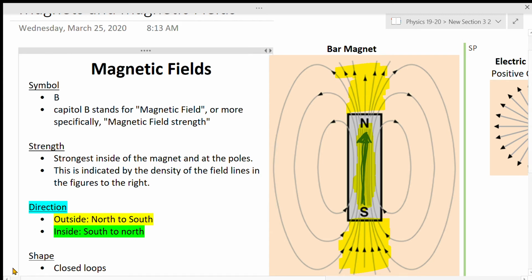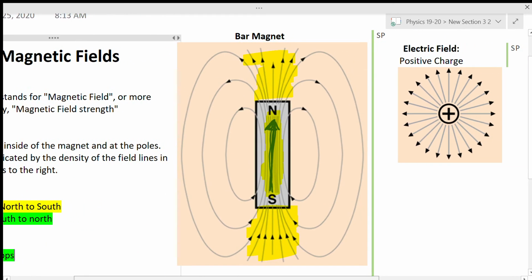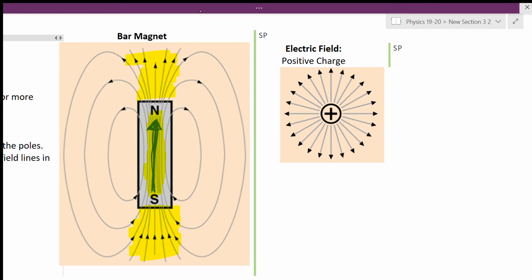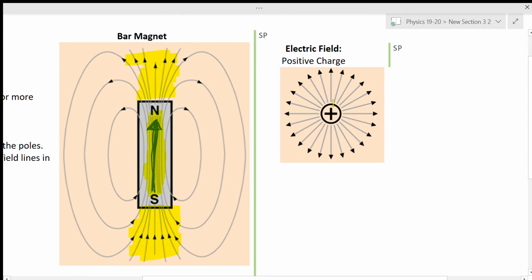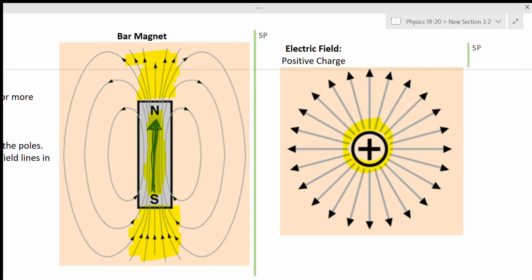All right, let's compare this for a moment to an electric field. An electric field also has strength at different locations, and the strength changes. We know that near a positive charge like this, where the field lines are very dense, we have a strong electric field. That's very similar to the magnetic field.